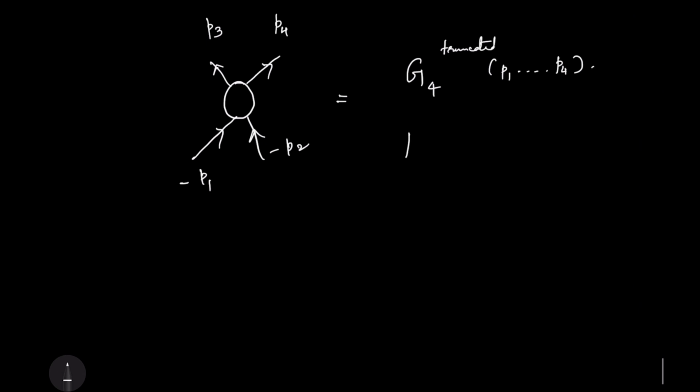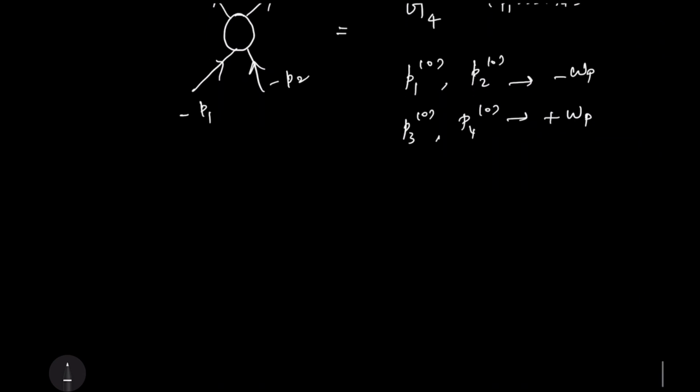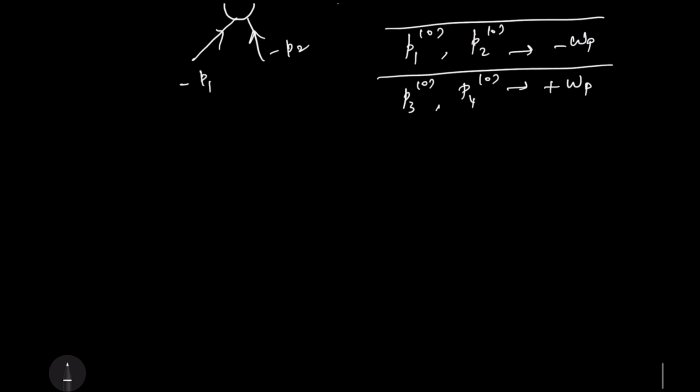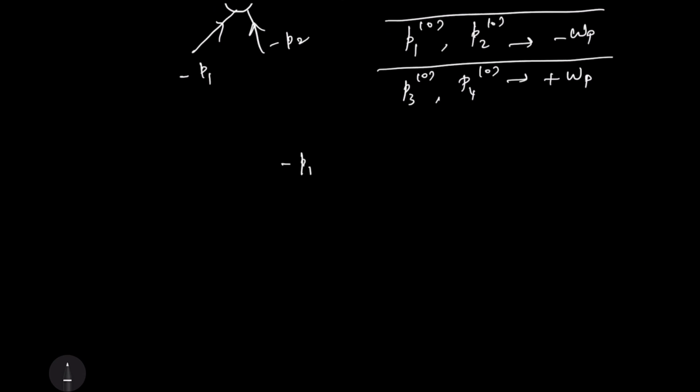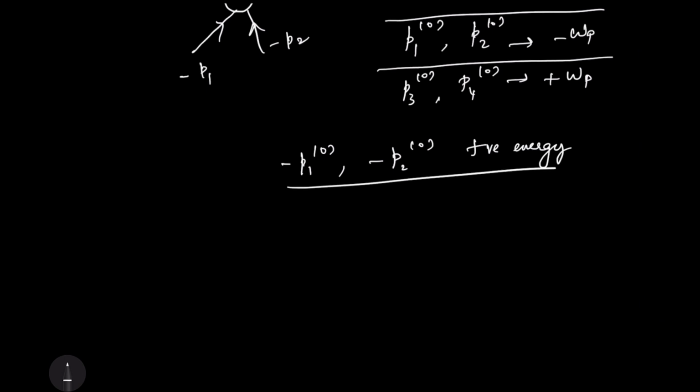And here you have to see p1 and p2 are minus omega p and p3, p4 have plus omega p roots. So p1 and p2 have negative omega p, which means minus p1 and minus p2 will have positive energy. Okay, so that is sorted out.